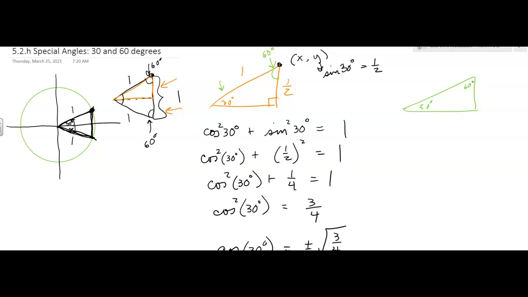Okay. I don't know if this is going to make sense to you. Well, what we're going to do is we're going to turn that triangle. So I'm going to draw a triangle over here that's going to be like this. So think about rotating that triangle, and now this is the 60 degrees, and the 30 degrees is up here.